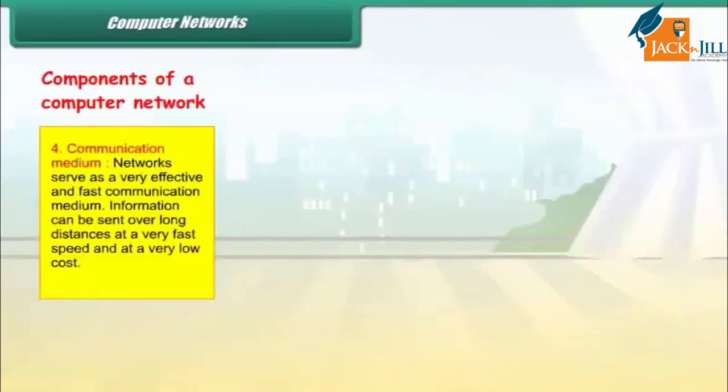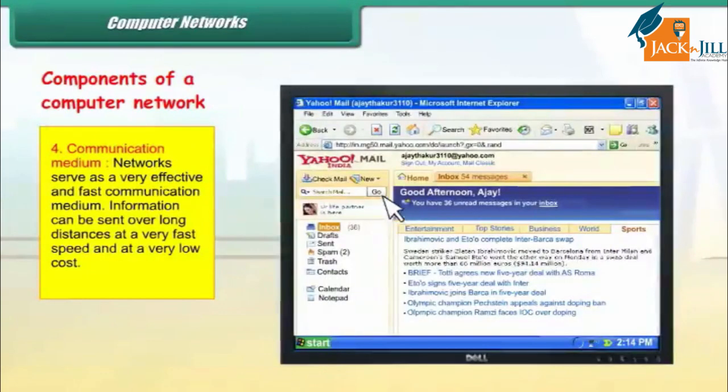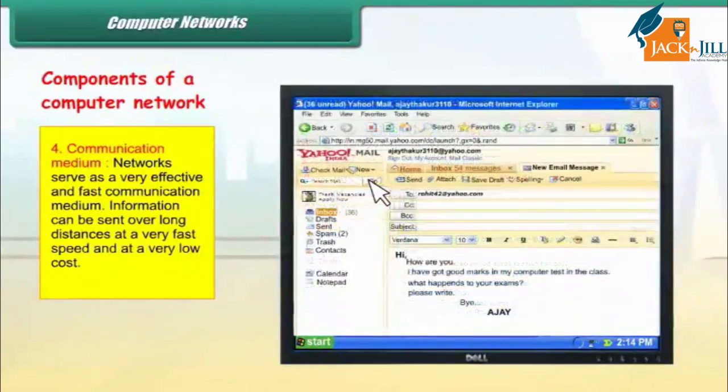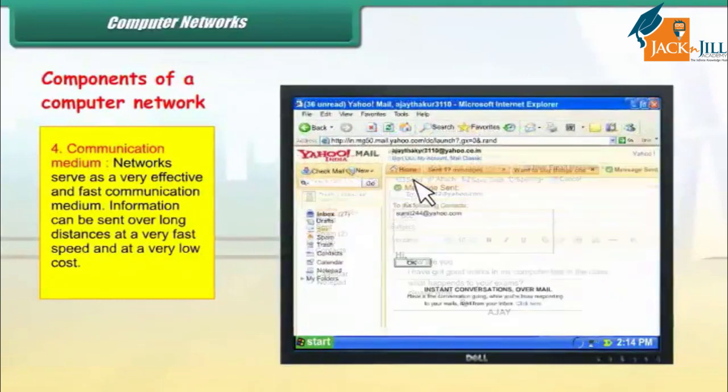Communication medium: networks serve as a very effective and fast communication medium. Information can be sent over long distances at a very fast speed and at a very low cost.